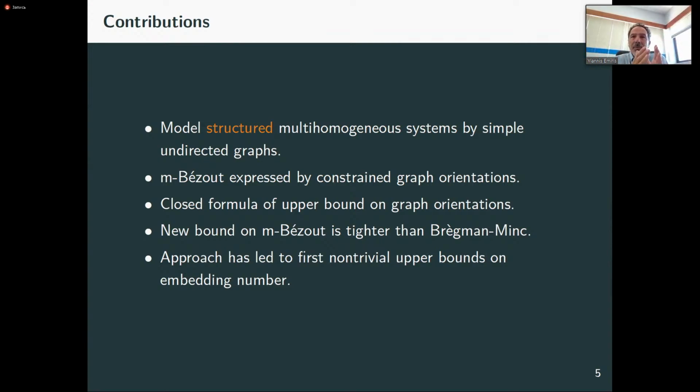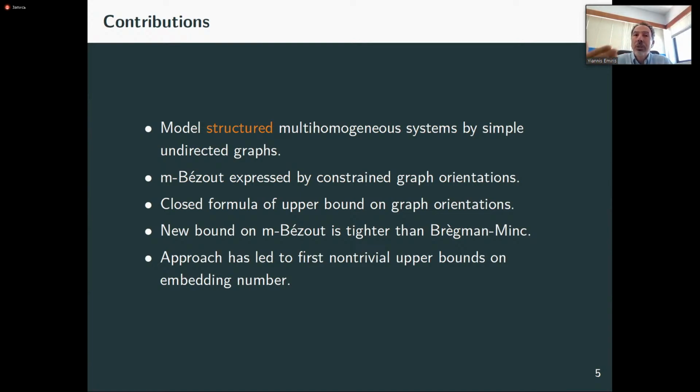Given the algebraic system, I'm going to define a graph. The graph is simple, it has no loops, and it is undirected. Then I'm going to study ways to orient the graph, to impose directions, and I'm going to relate the graph orientations to the multi-homogeneous Bézout bound.